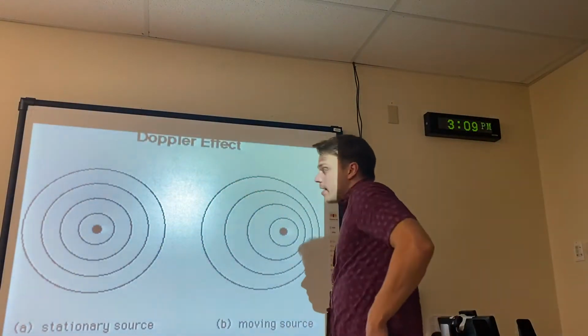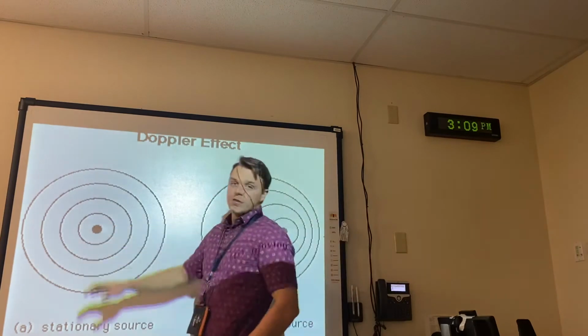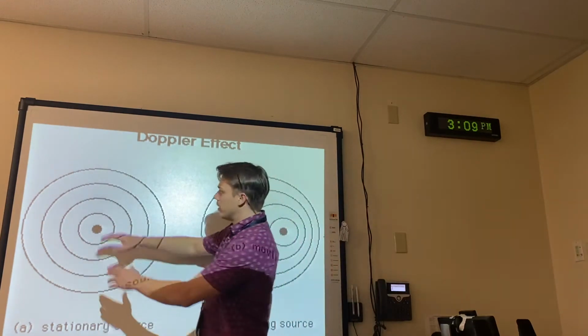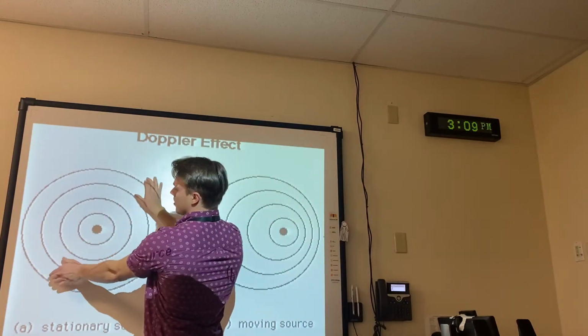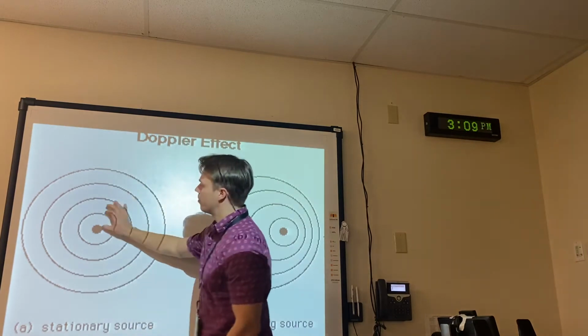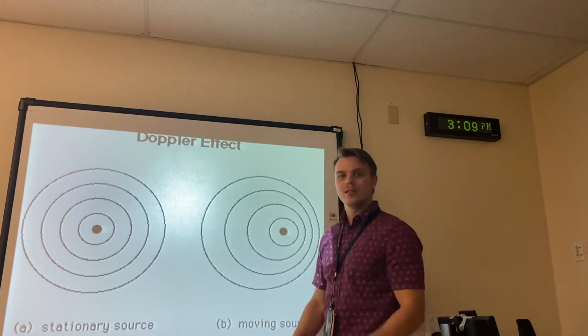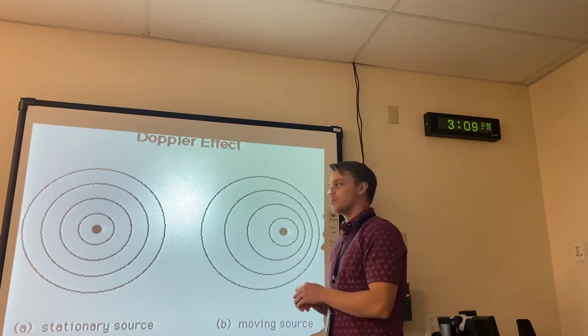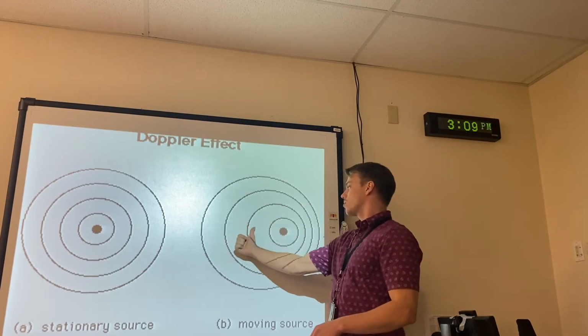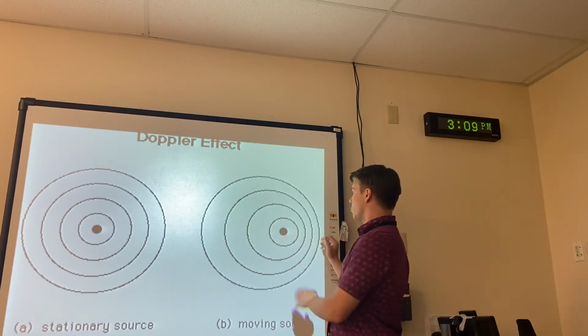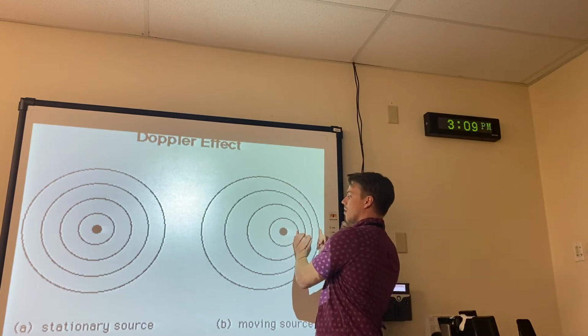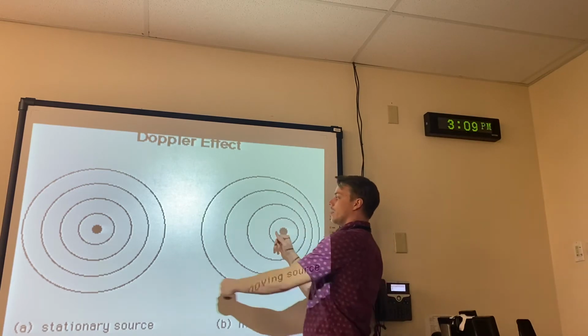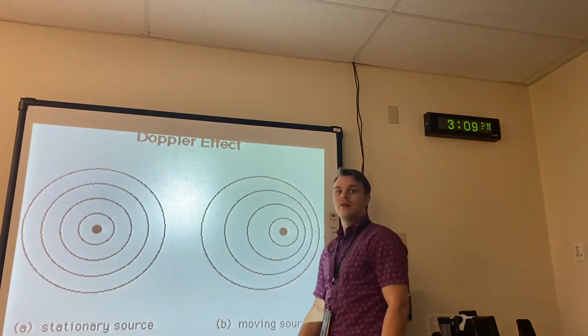The main point is that a stationary object that emits light or sound will have an equal distance between these different waves. But an object that's emitting light or sound and is moving towards the right is going to be compressing its waves on this side and stretching its waves on the other side.